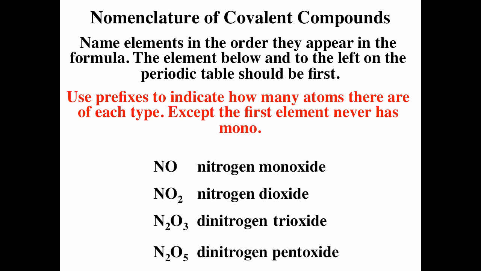For molecular species, we have to use the mono and di to indicate the relative numbers. Use prefixes for how many atoms there are of each type, except for the first element, which never gets mono. And so we have nitrogen monoxide, nitrogen dioxide, dinitrogen trioxide, and dinitrogen pentoxide. Again, we do not use mono for the first element.